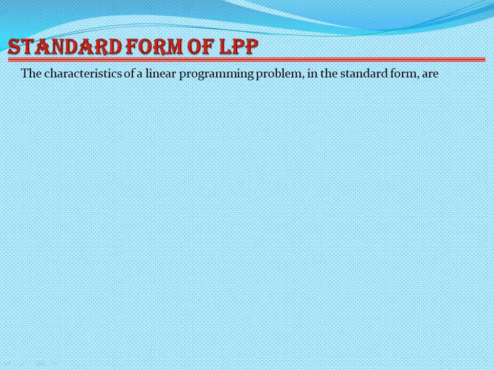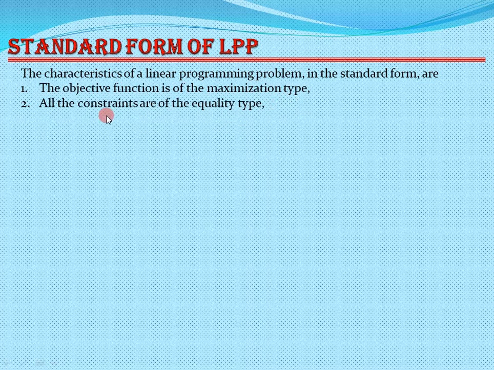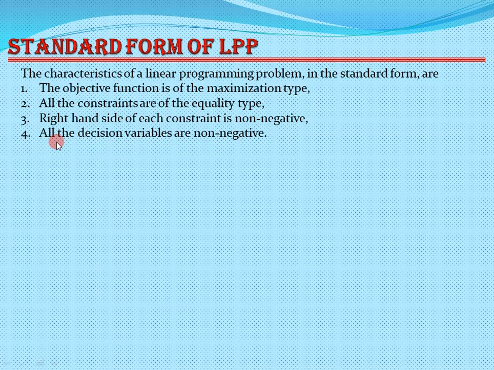Any LPP in its standard form is given as: the objective function is of the maximization type, all the constraints are of the equality type, the right hand side of each constraint is non-negative, that is 0 or positive, and all the decision variables are again non-negative. So in this form, the LPP problem is stated.